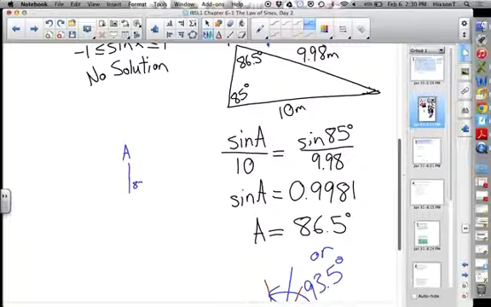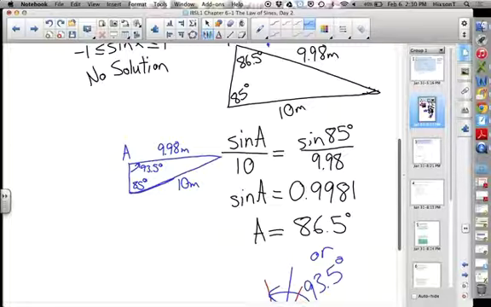Here's my 85 degree angle. That's 10 meters long, and that right there is 9.98 meters long. That's an obtuse triangle, right? That's 93.5 degrees, right?